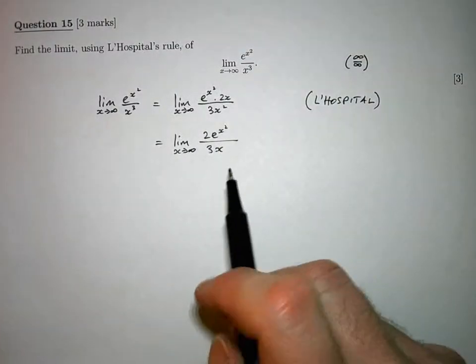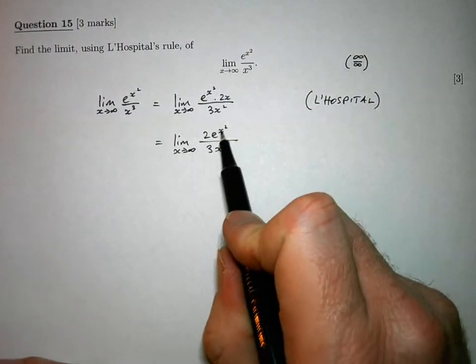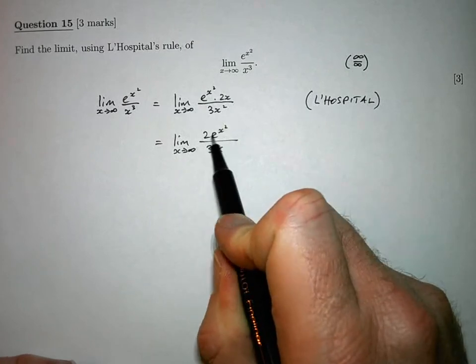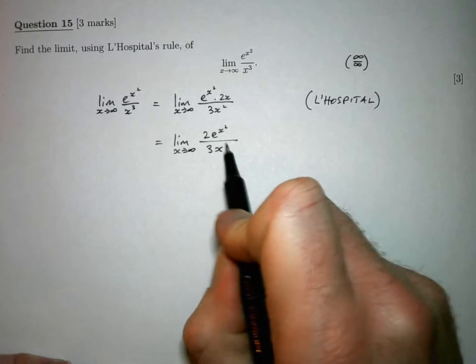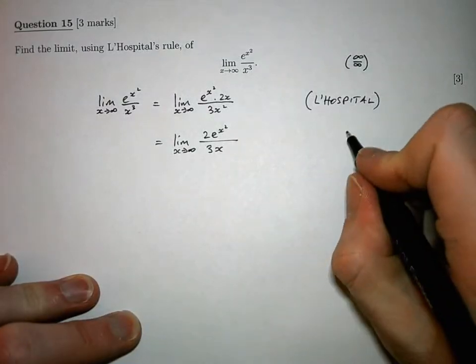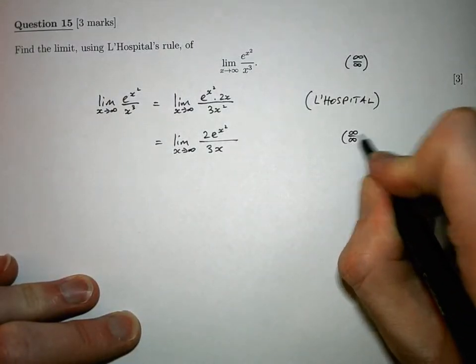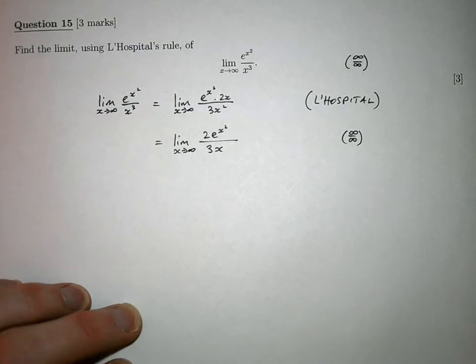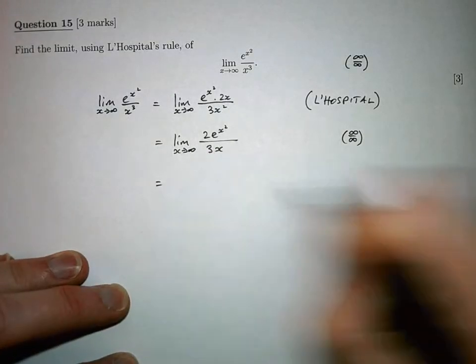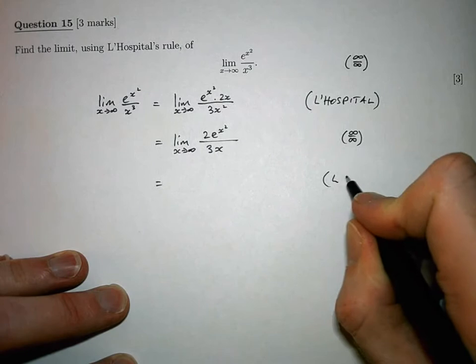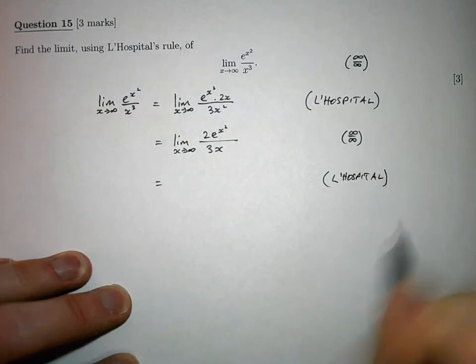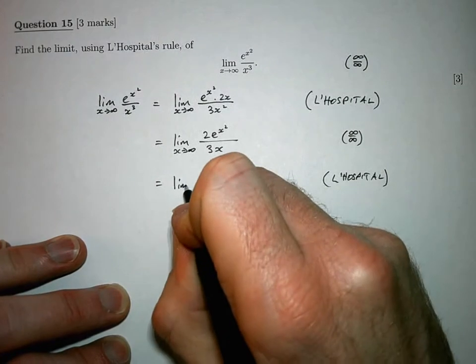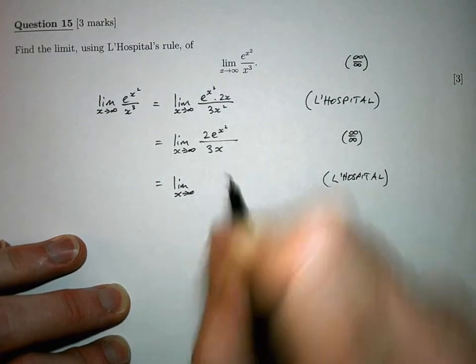And again, we need to check that we can use L'Hopital's rule. We've got x approaching infinity, so again this guy is approaching infinity really quickly, and of course the bottom is also approaching infinity, so we've got again infinity over infinity, so we can again use, and I'm going to write it here immediately, L'Hopital. We're using L'Hopital, and we're going to differentiate the bottom and the top.